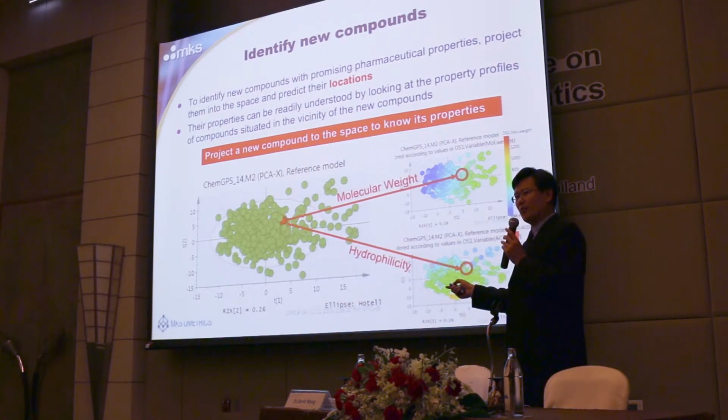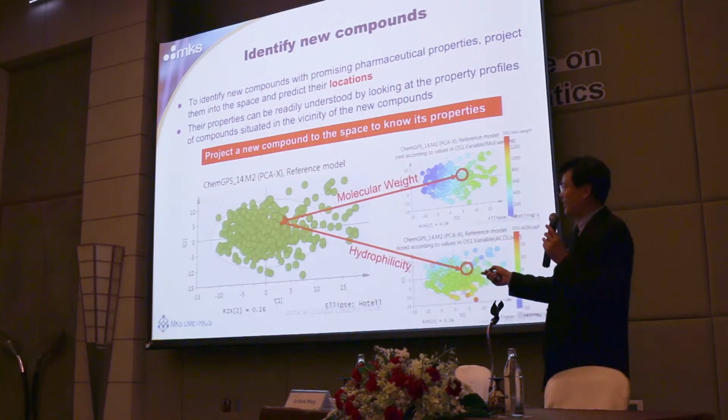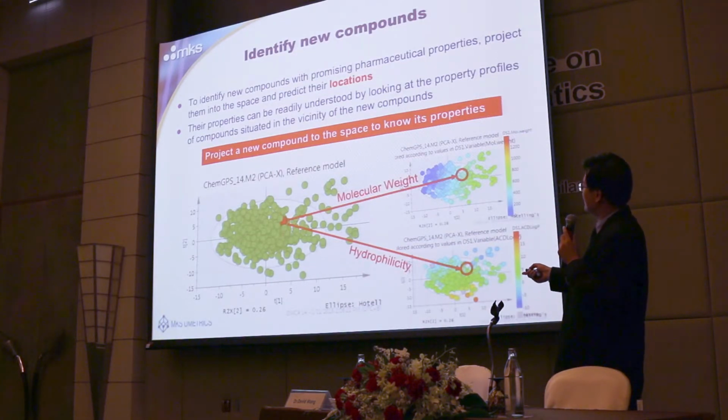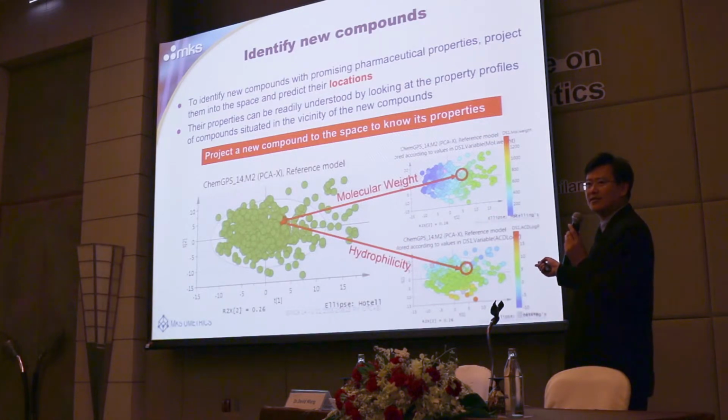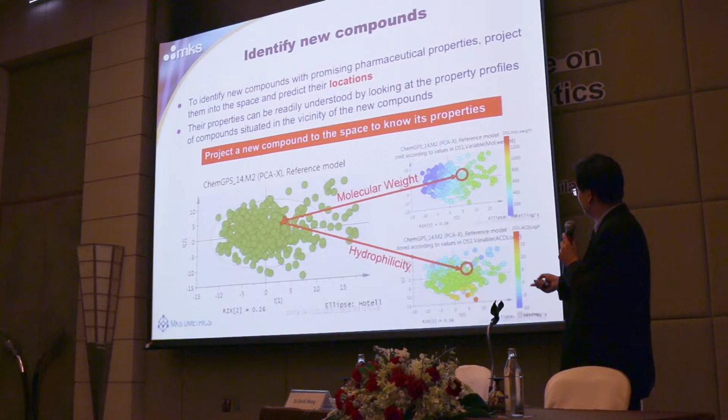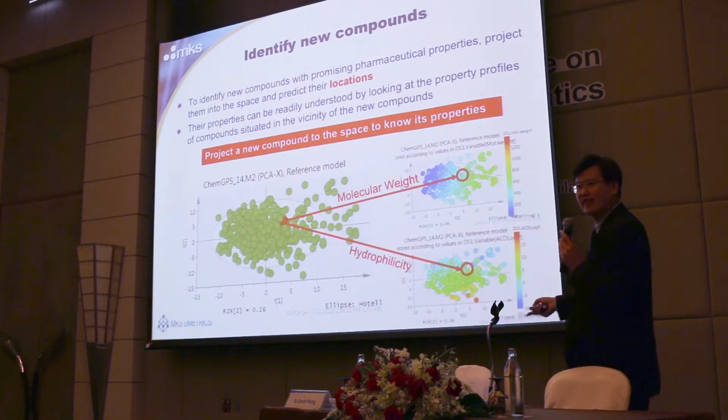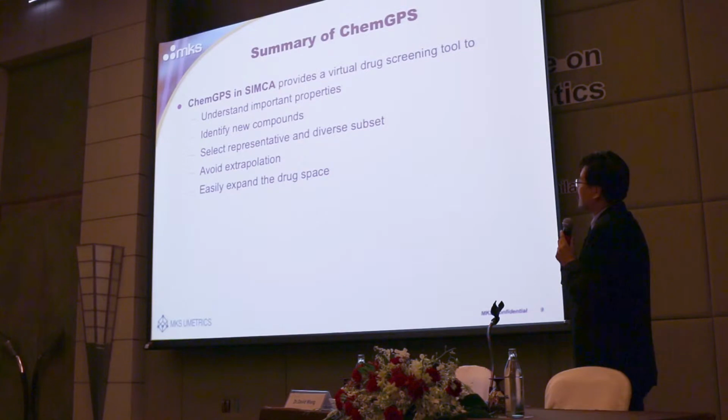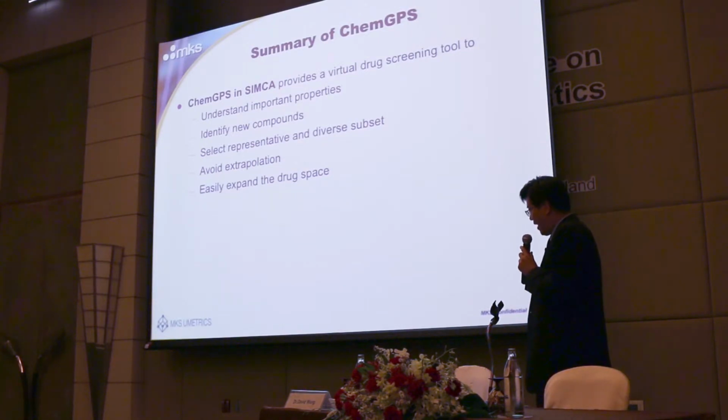If we want to know their properties, correspondingly we can see, for example in this case, molecule weights, so its molecular weight is something like this. And for the other properties, we can see these plots or figures, and we can see these hydrophilic properties over here.